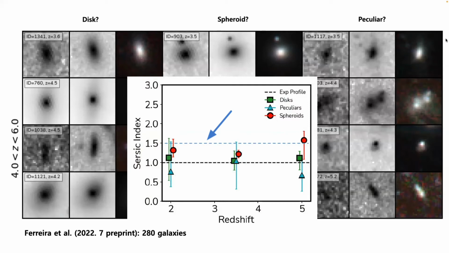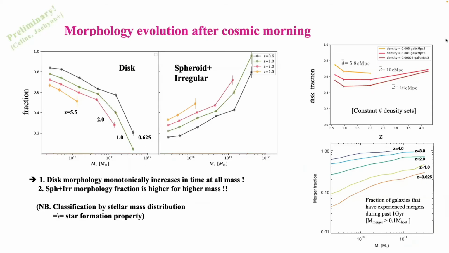You can see most galaxies have Sérsic indices less than 1.5, and in fact, Dr. Jong-an Lee is calculating these Sérsic indices of JWST galaxies again, and he's finding almost 80% of galaxies have disk morphology at redshift higher than 1.5, and he's increasing the number of galaxies now. So this is a great success of our prediction.